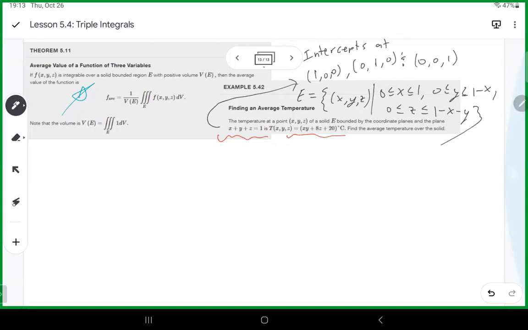All right. Okay. So then we're going to start with this idea, and we're going to rewrite it. We're almost done, guys, I promise. So 0 to 1, 0 to 1 minus x, and then 0 to 1 minus x minus y.